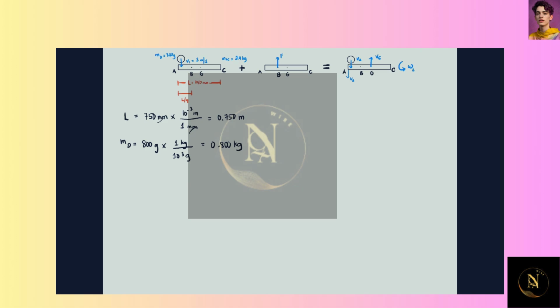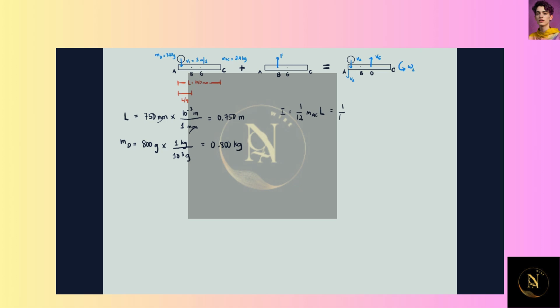And then we can also calculate already the moment of inertia. Given its shape, the moment of inertia of rod AC is equal to 1 over 12 m AC, the mass of the rod, times the length L squared.